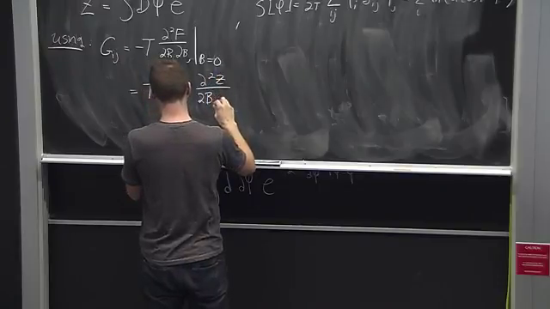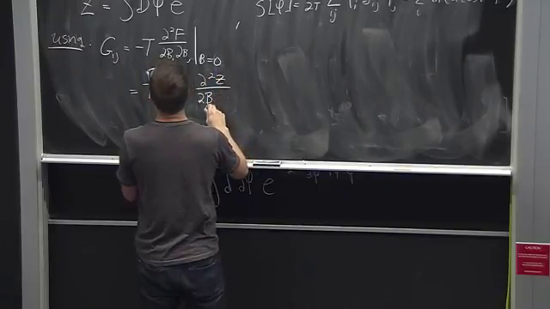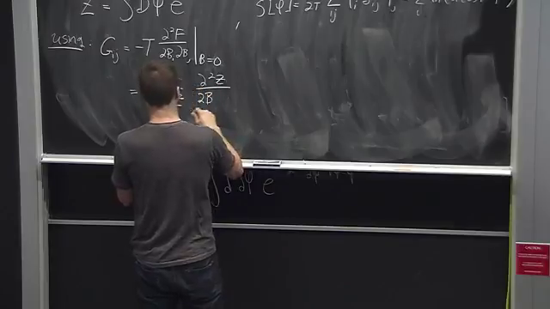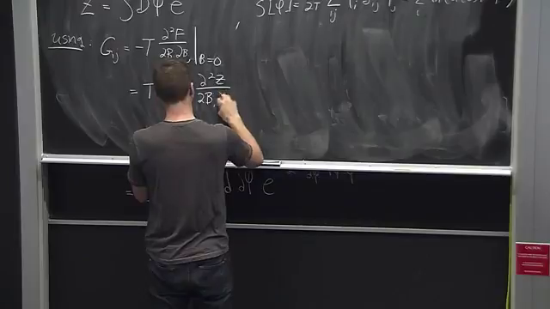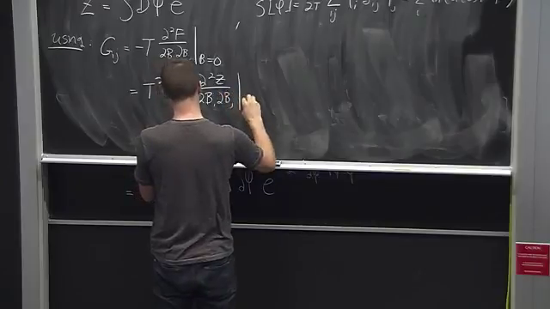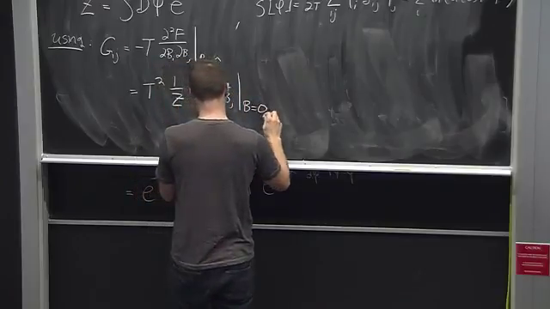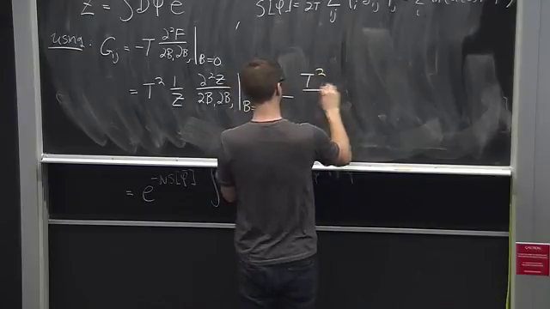And I'll write in terms of, instead of F, I want to use Z. So B_I, B_J. So I think this is what I want.